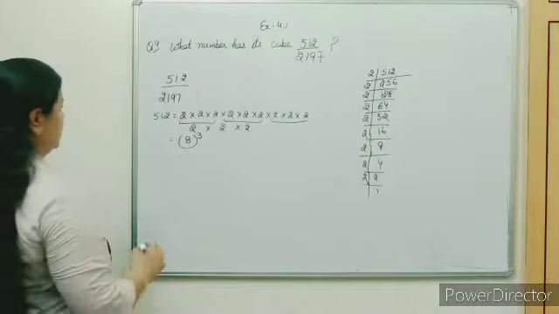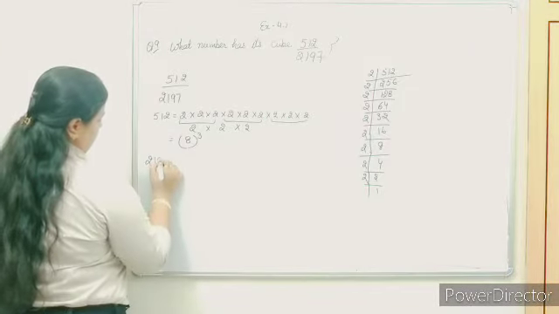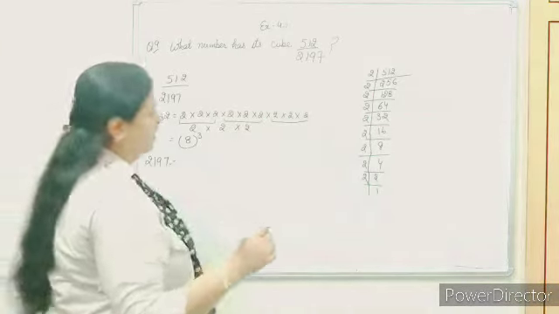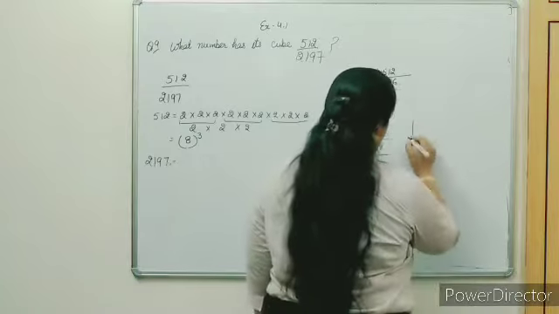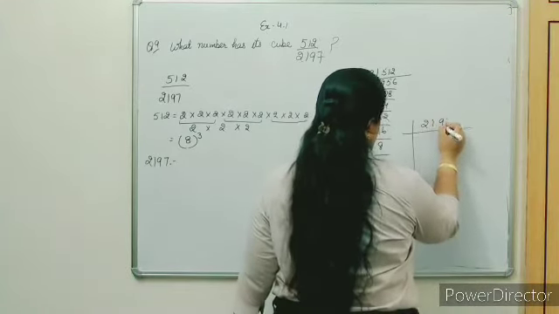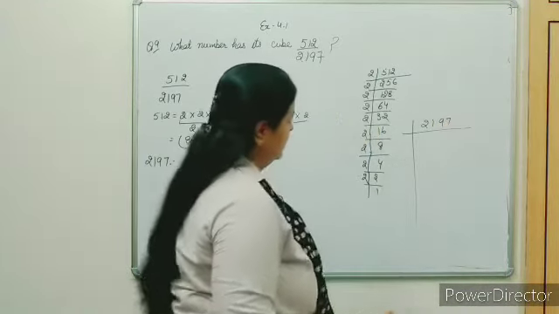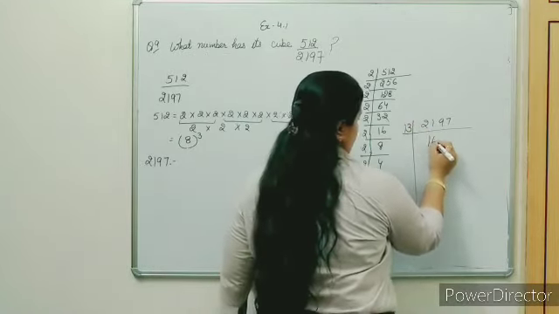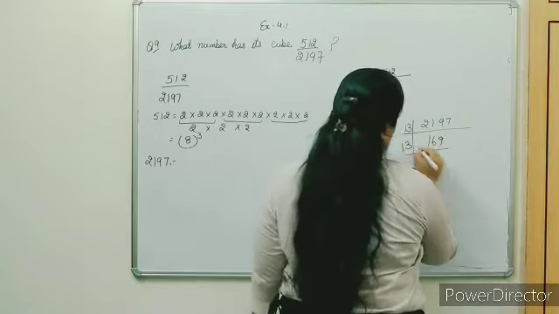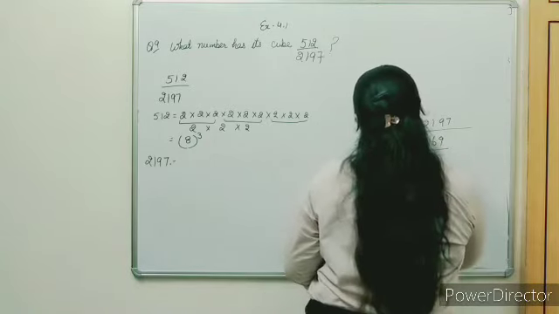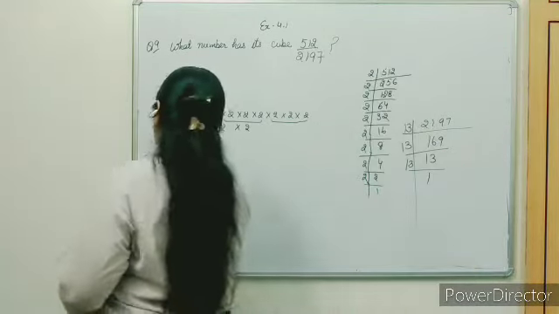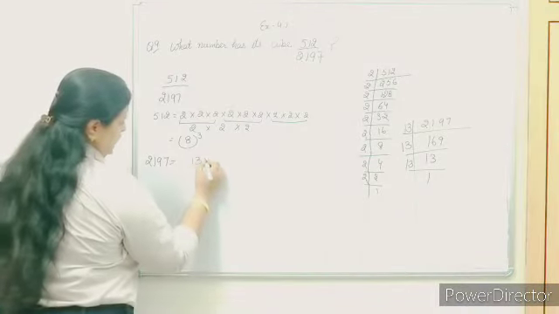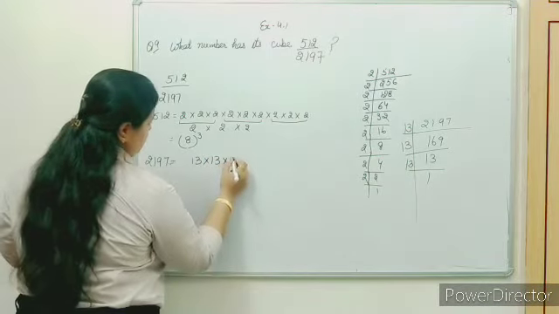Okay. Now 2197. Do the prime factorization of 2197. It will go on 13. Factors of 2197 are 13 into 13 into 13.